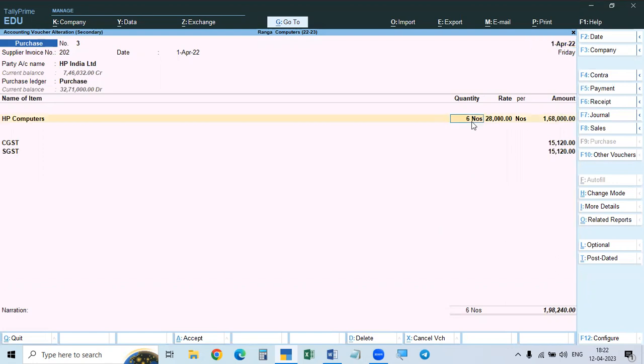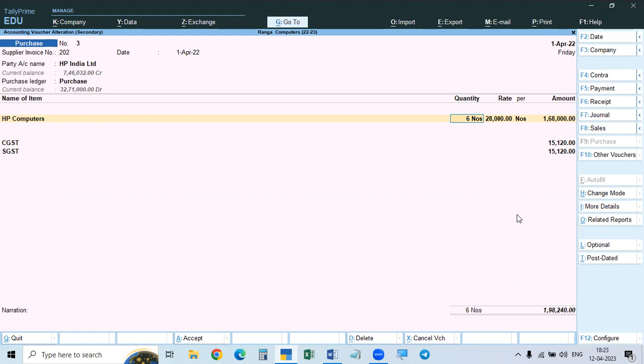But by mistake, in the bill, they entered 6 numbers. When we receive the bill, we cannot reject it, so the bill is recorded. Now we have to reduce that, because actually it is only five. They supplied only five numbers, but by mistake they entered six, which means they billed one number in excess.